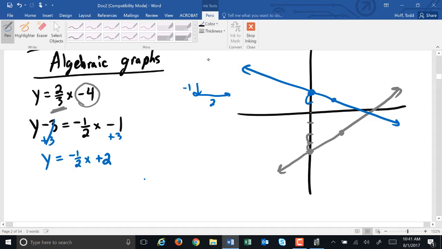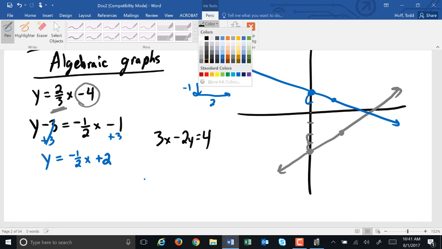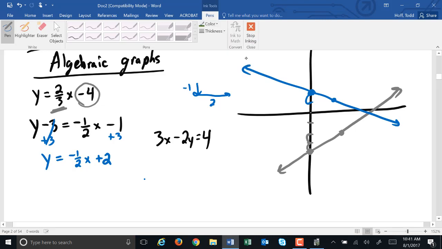Of course, we can also run into something like this. 3x minus 2y equals 4. What do we have to do with this to make it graphable? We have to get the y by itself.